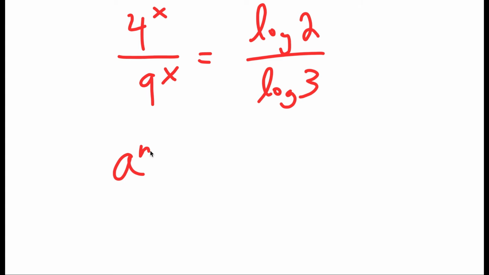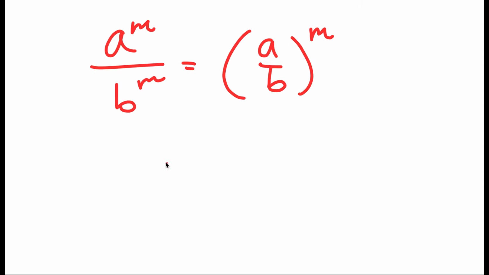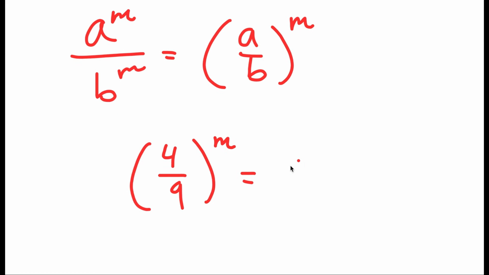Now, if I have something in the form a to the power of m over b to the power of m, this is equal to a over b to the power of m. So I get 4 over 9 to the power of x is equal to log 2 over log 3.